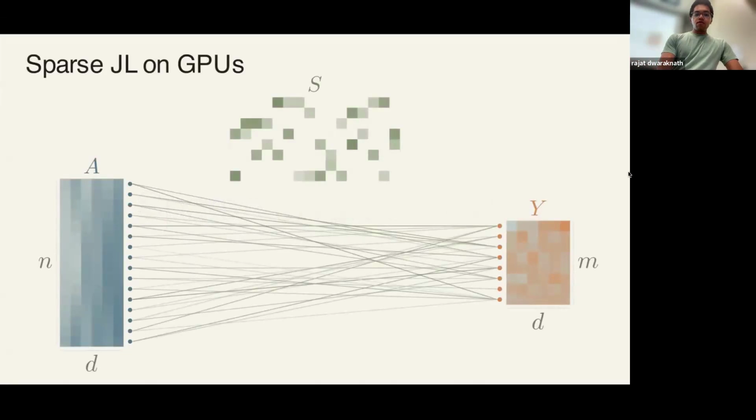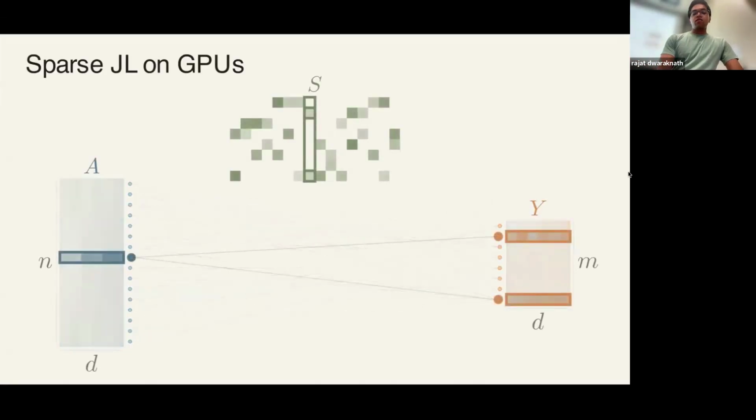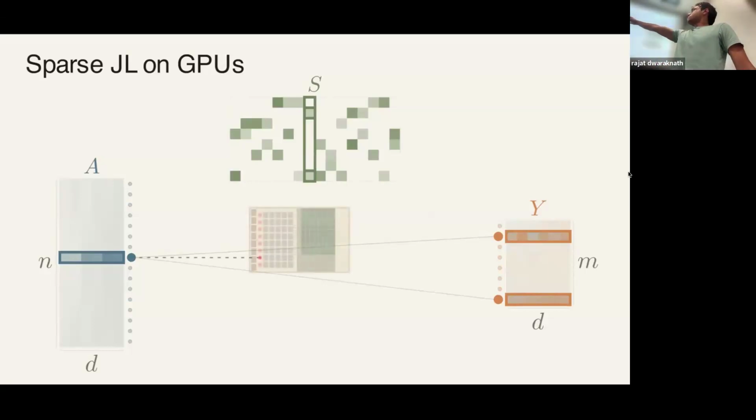One simple idea is, if I look at my sketch operation and the outer product form of this matrix multiplication, S is on the left. What that means is one row of A contributes to 2 rows of Y. So a simple idea is to say this row is one thread's responsibility, and it's going to do these 2 contributions sequentially.